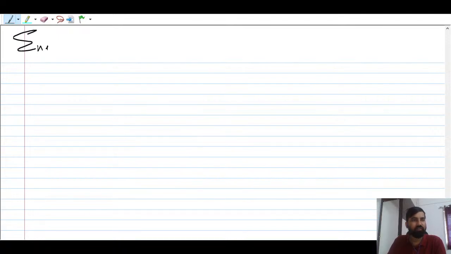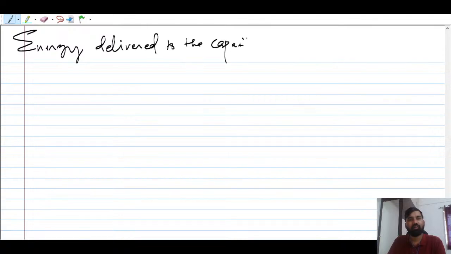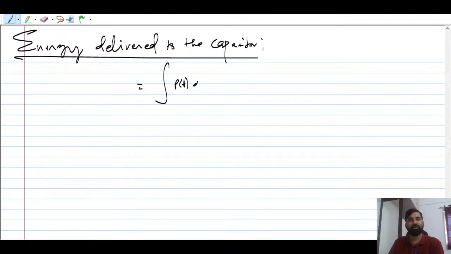Energy delivered to the capacitor means what? It will be nothing but the integral of p(t) dt. You have to just integrate it.